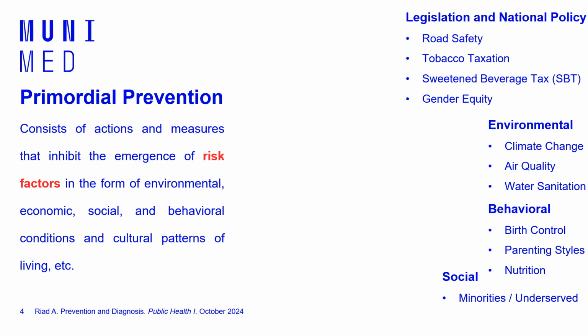All the policies that will give them better and equitable access to healthcare are considered to be primordial prevention. The same for people with disabilities, their access to healthcare, education, welfare, and other advantages. These are all considered to be primordial prevention because they lead to people being better integrated in our societies.